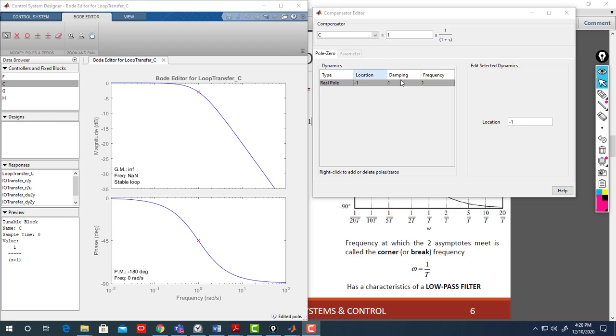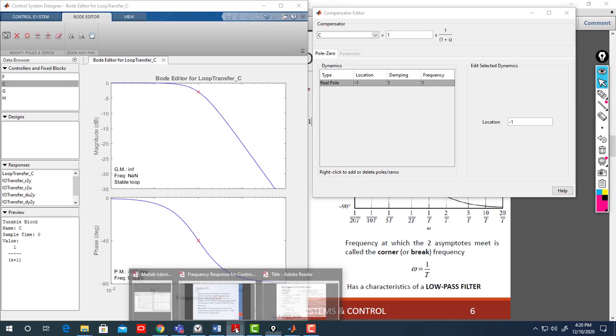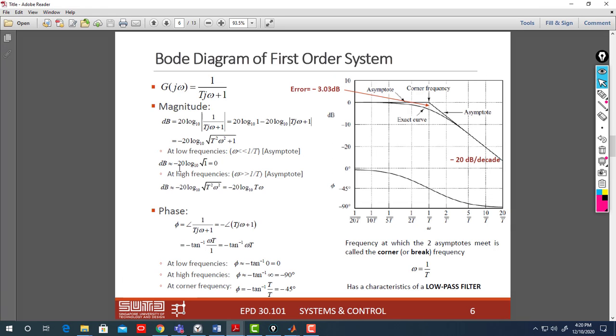So what is this that you are actually seeing here? I added a controller, I added a pole at 1 radian per second, 10 to the power 0. If you remember how to draw a first order system, you go to your chapter PDF, Bode diagram for first order system. That's the general formula of it.